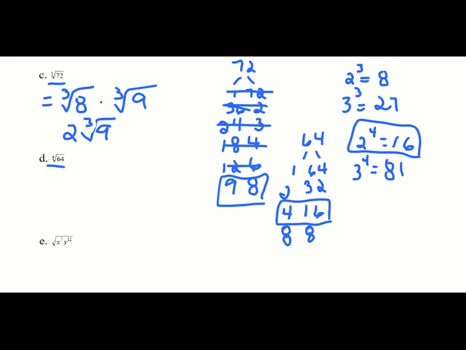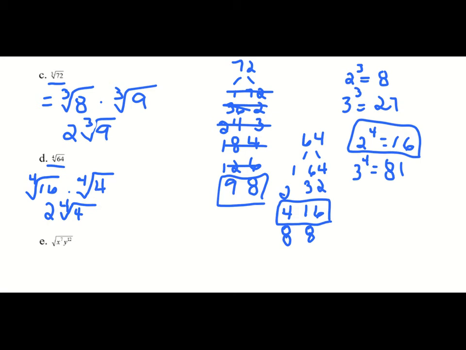So we're going to break it down. We're going to make it the 4th root of 16 times the 4th root of 4. The 4th root of 16 is 2, and then it'll be times the 4th root of 4. So now we have 2 times the 4th root of 4 as our simplified version of the 4th root of 64.